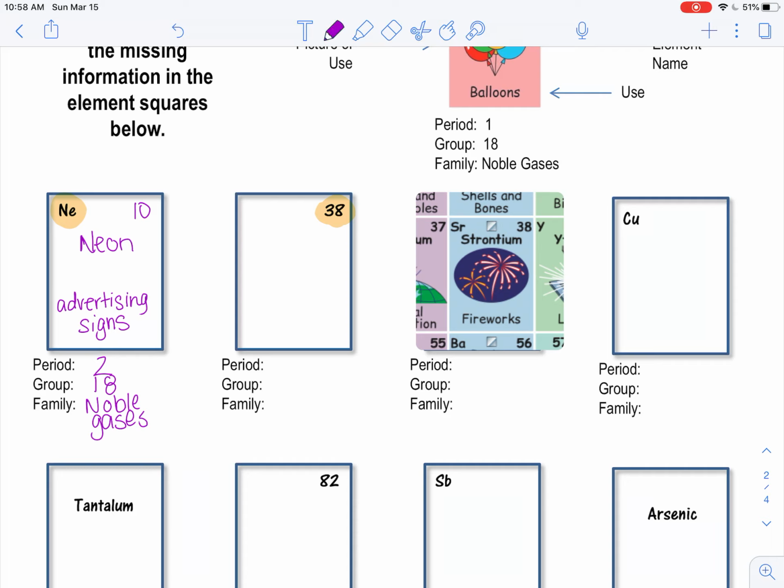So we have our atomic number, but we need to fill in our element symbol, which is capital S, lowercase r. Our element name is strontium. And it's used for fireworks.